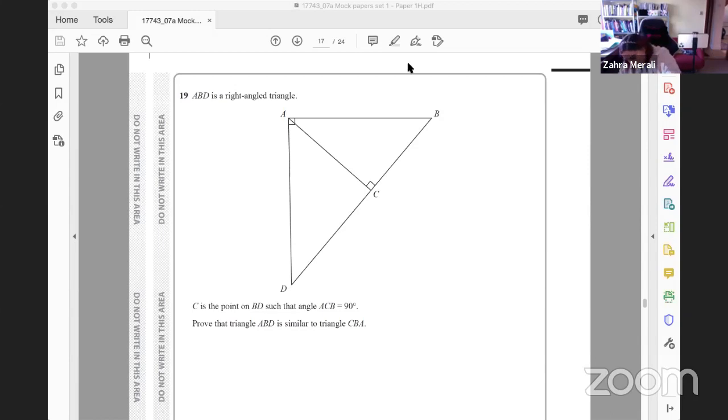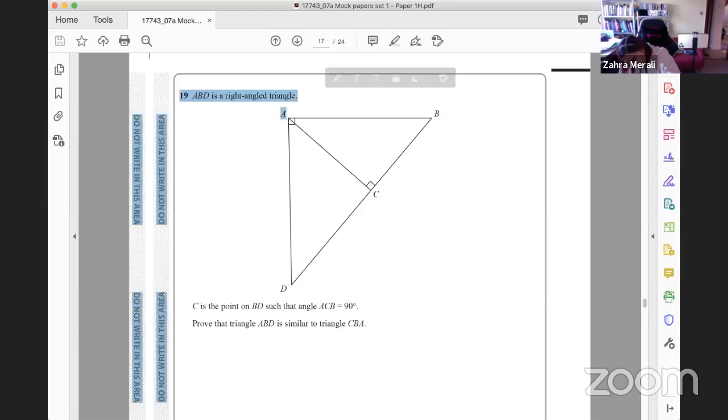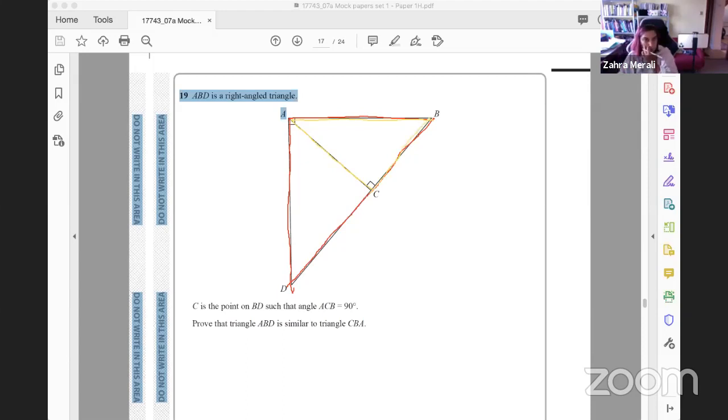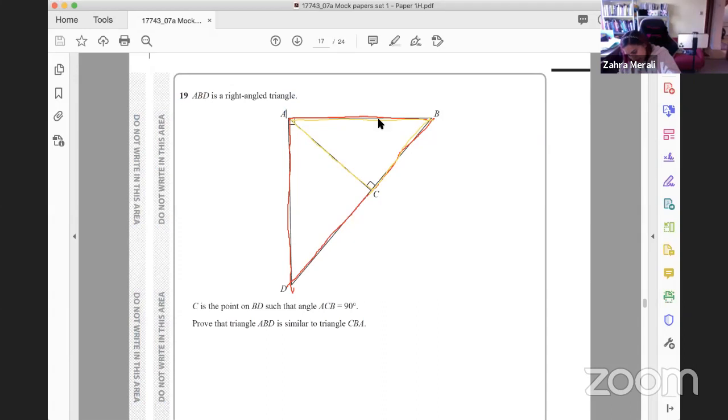We want to prove that the triangle ABD, the big triangle, is similar to CBA. Hopefully you can see, like I've highlighted, that one side is the same.